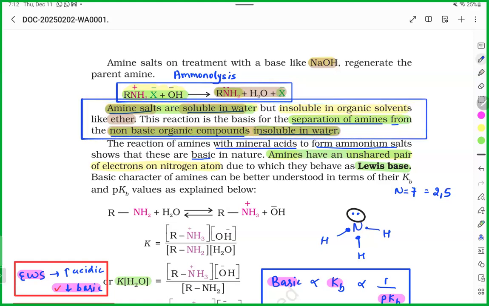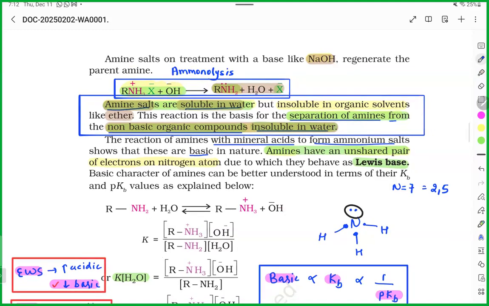In future, it is definitely possible, but as of now. Okay, how can we separate amine from the others? If you take amine, make it salt and soluble in water, it means it is amine. Other non-basic organic compounds will be insoluble in water. Understood?